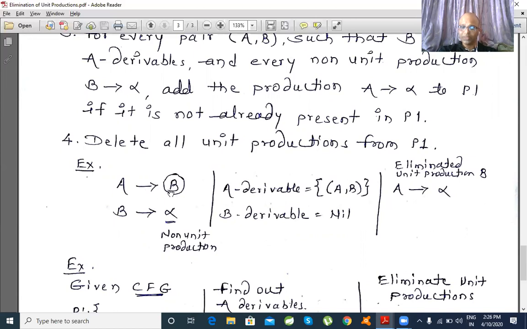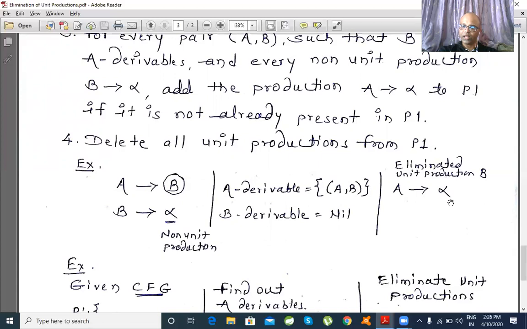Okay, so in that context, I wanted to eliminate this B, but I cannot eliminate this as it is. So what it means, whatever B is producing, that is B producing alpha, this alpha needs to be replaced against this unit production B. So in the process of eliminating this B, instead of B, I need to produce in the newly generated context-free grammar whatever B is producing.